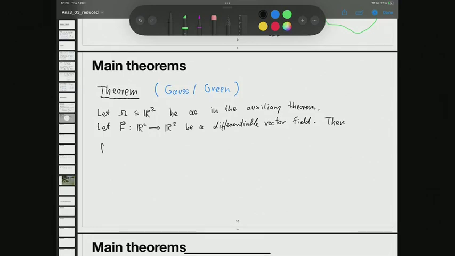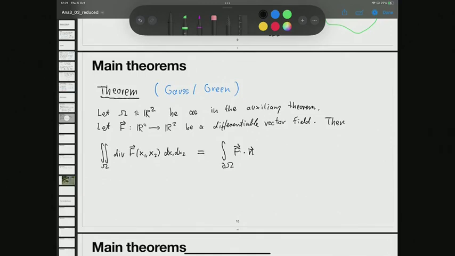On the one hand, I take the integral over omega of the divergence of the vector field. I can express this as the integral over the boundary of f multiplied with the outer unit normal.